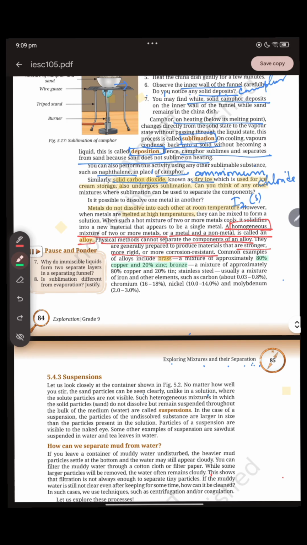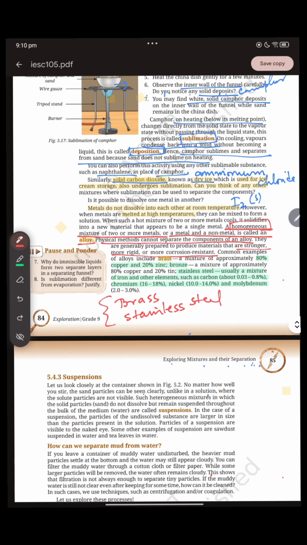Stainless steel is usually a mixture of iron and other elements such as carbon, traces of carbon, chromium, nickel, molybdenum, they are all there in these percentages. So you need to know the composition of brass, you need to know the composition of stainless steel, and they are examples of alloys.